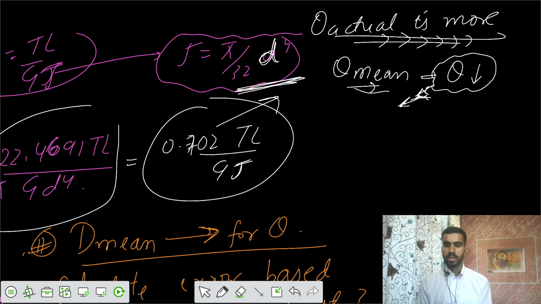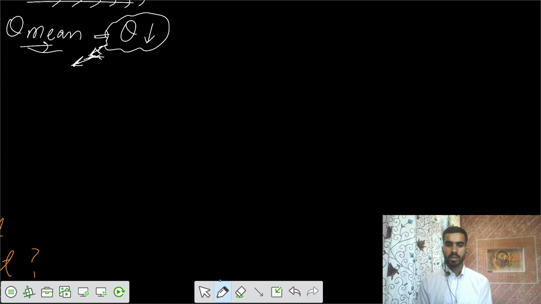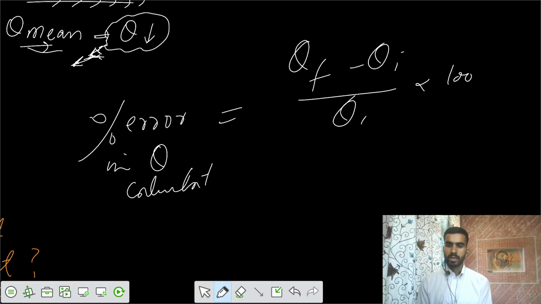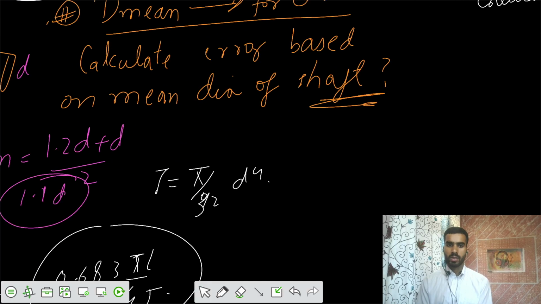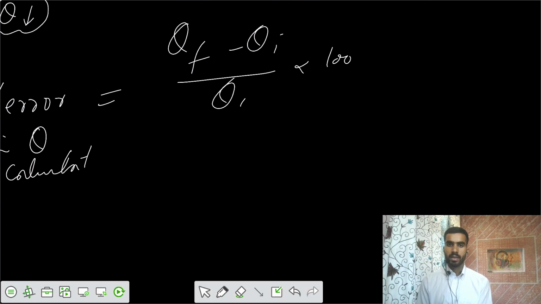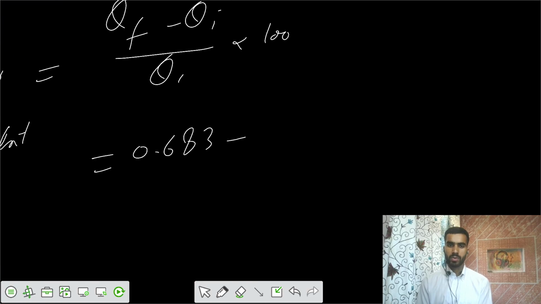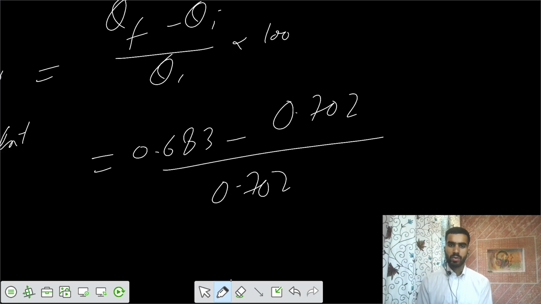So you need to say what the error is now. What is the percentage error? The percentage error in the theta calculation would be equal to theta final minus theta initial, divided by theta initial, into 100. So final theta was 0.683 minus initial value 0.702, divided by initial value 0.702, into 100.